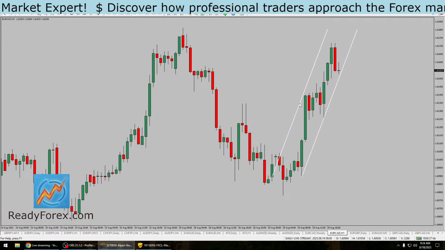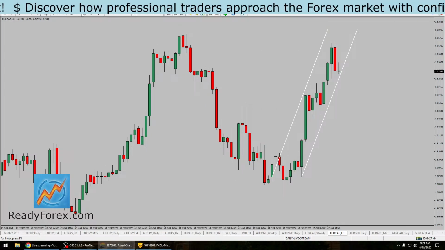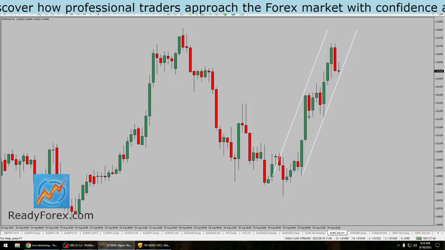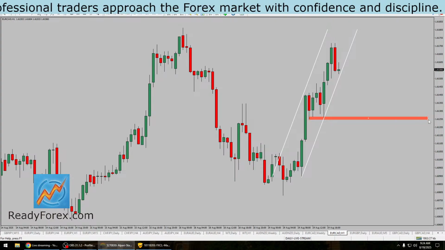So this looks like to me a nice bullish trend channel. If price action is going to break below this support level, let me draw the support over here.